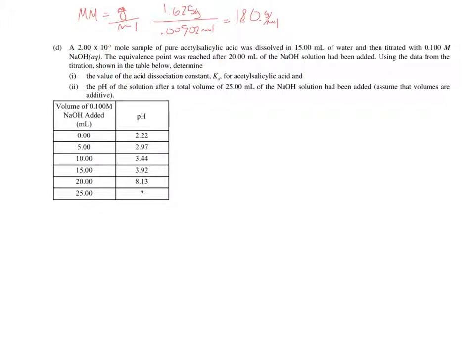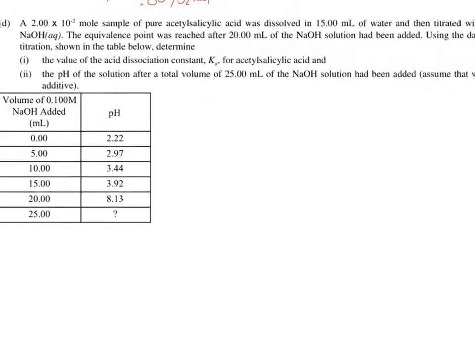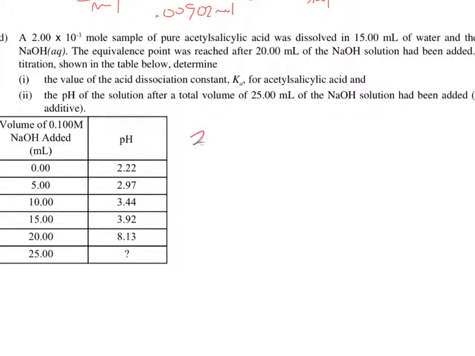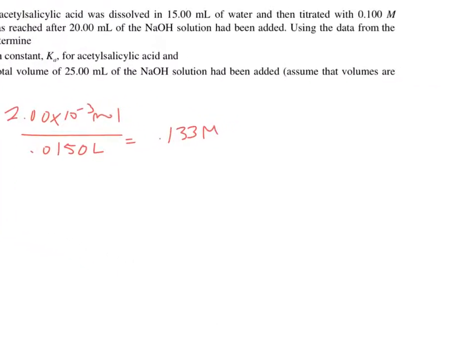So we can quickly calculate the molarity initially. Take 2.00 times 10 to the negative third moles divided by 0.0150 liters, and the initial concentration is 0.133 molar. Now let's begin setting up my ICE table.